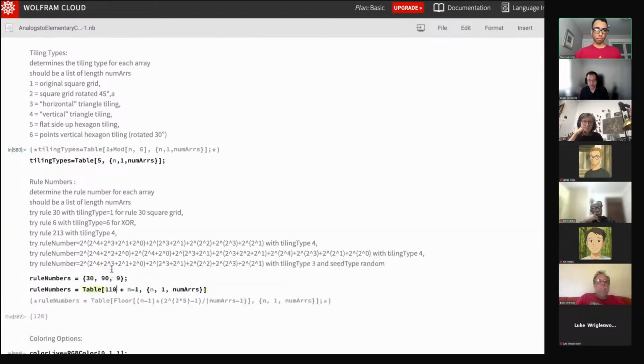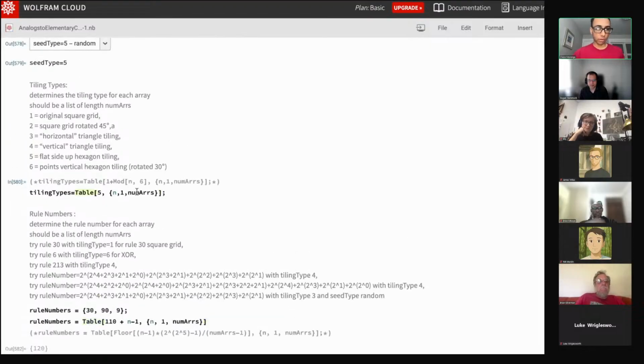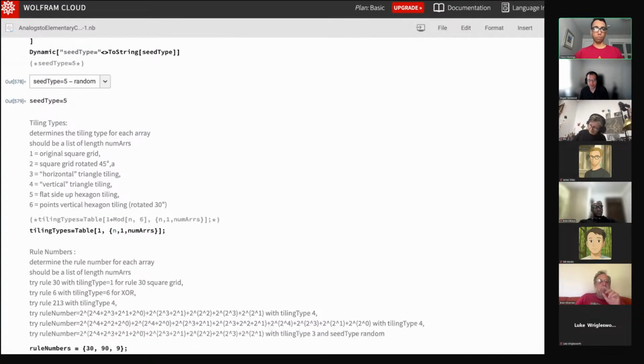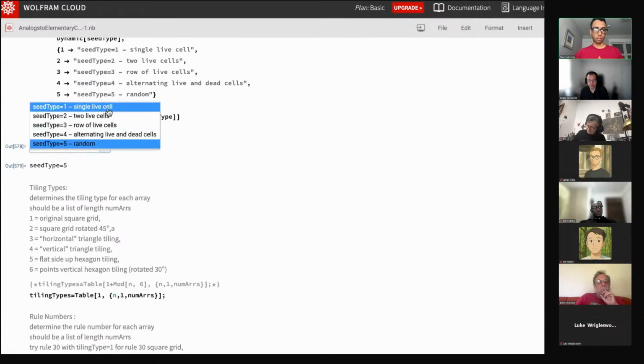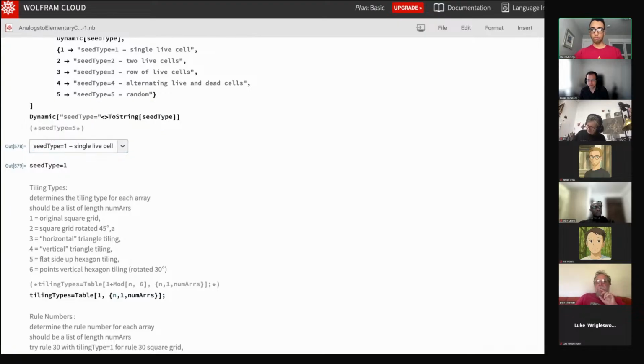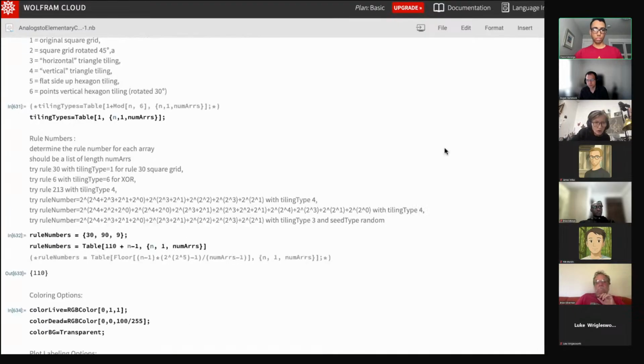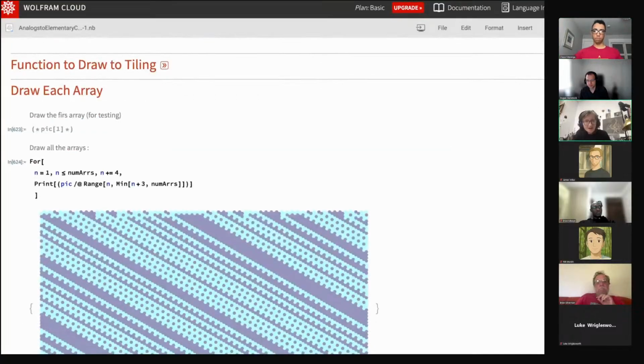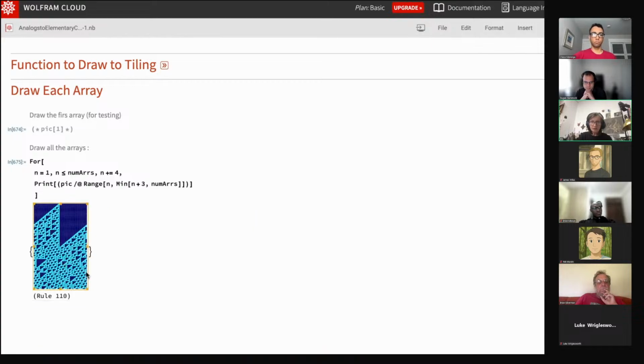You know, just to confirm, maybe we should try it on the original square grid, to make sure this is the same rule 110 that we're used to. This is rule 110 on the square grid, I believe. Why would you, I'm curious to know, when you say compared to the square grid, is that because the way that you're developing the plots here is different from how it would be done with rule plot?